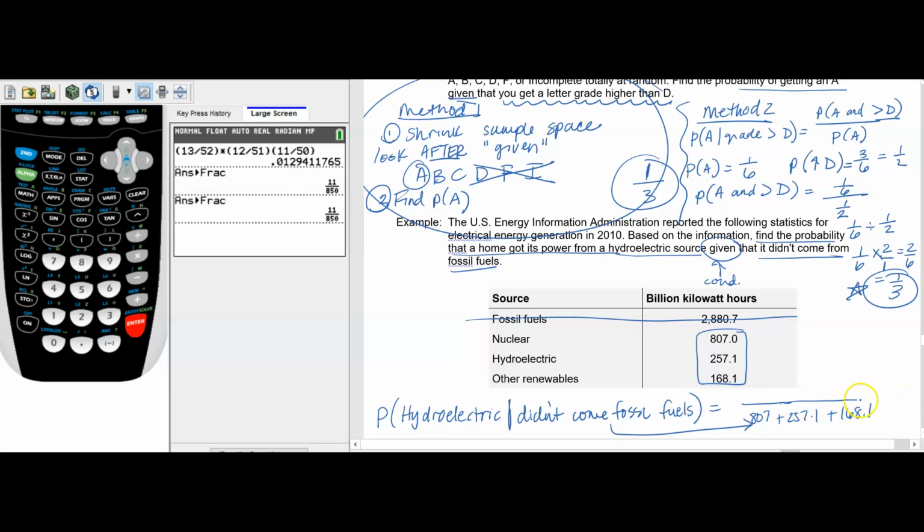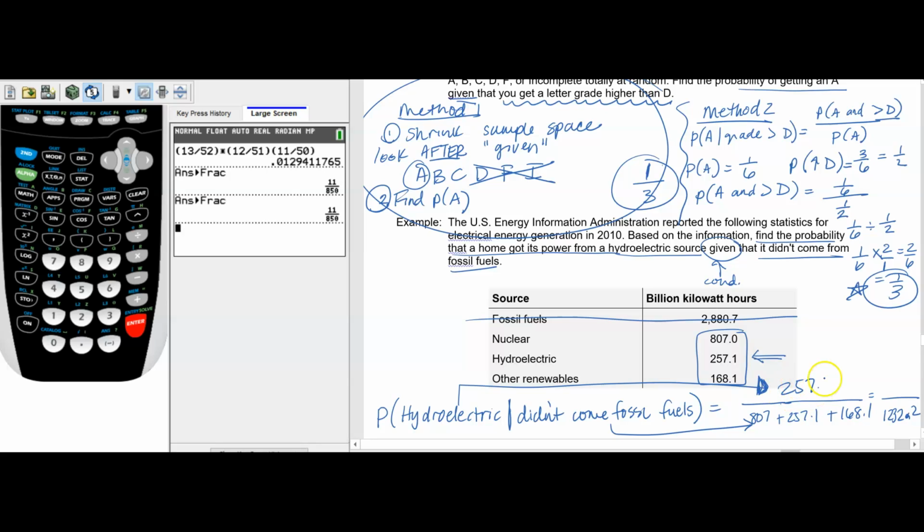When I add those up, I get 1232.2. So if you're a visual person, the part that comes after given, that's your denominator. The part that comes before the word given, that's going to be your numerator. So the hydroelectric, that's this number right here.